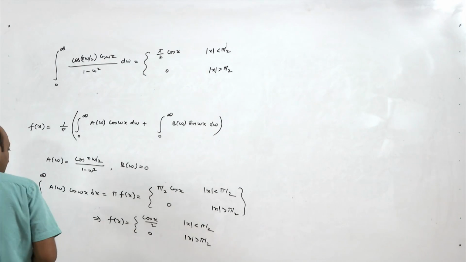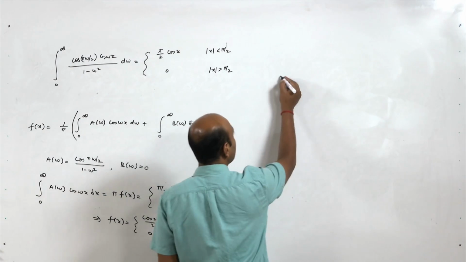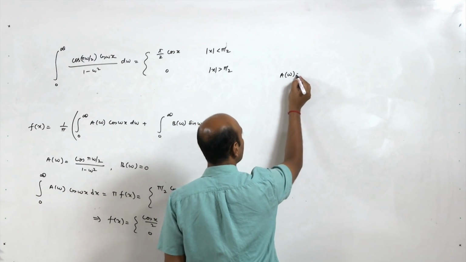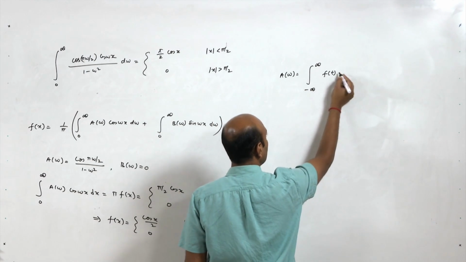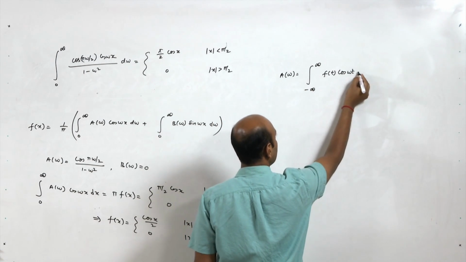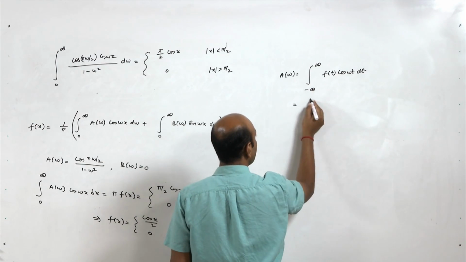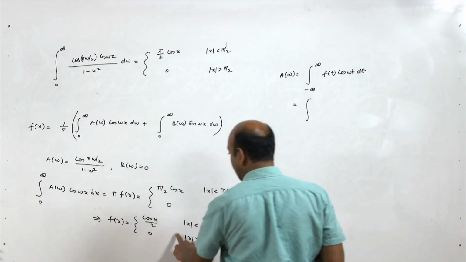So, what will be A(ω)? A(ω) will be given by the integral from minus infinity to plus infinity of f(t) cos ωt dt. Now, f(x) is defined like this.